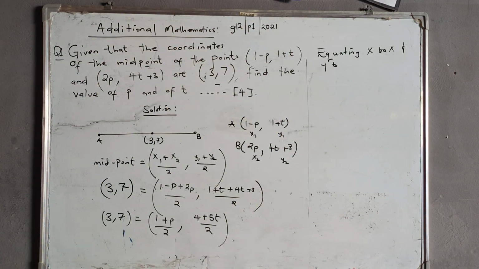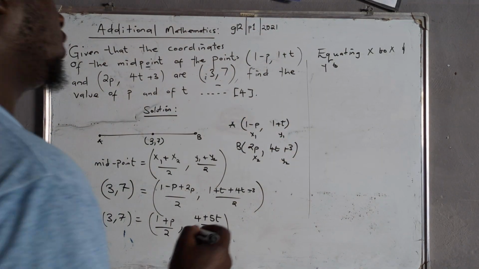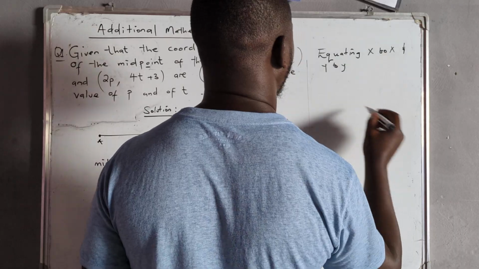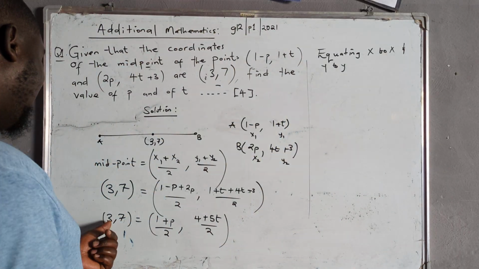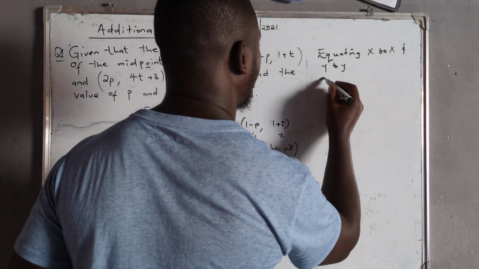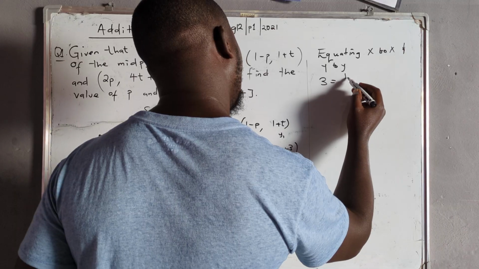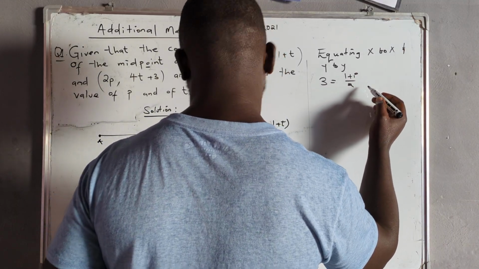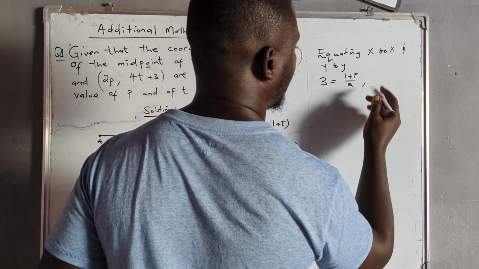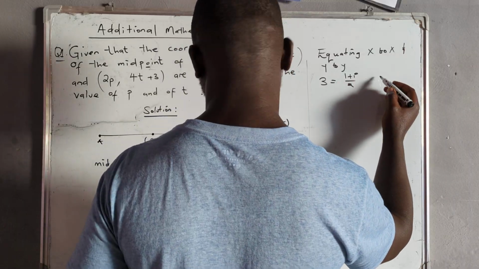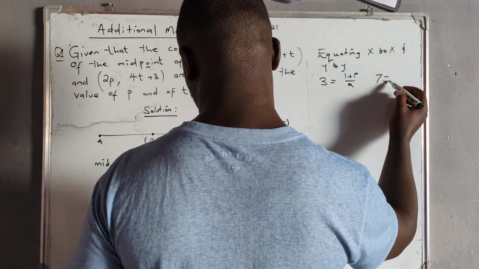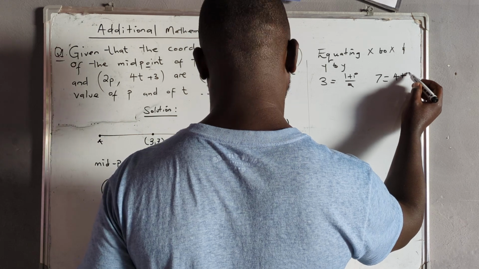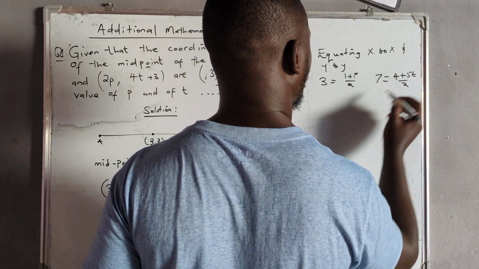What are we equating? We're talking about the coordinates. So 3 is the x coordinate. So you say 3 is equal to 1 plus p over 2, and 7 is also equal to 4 plus 5t over 2.